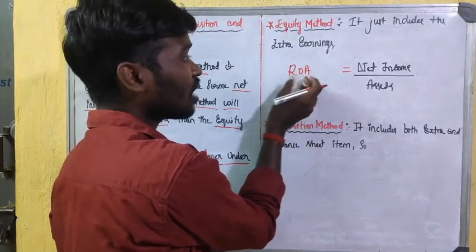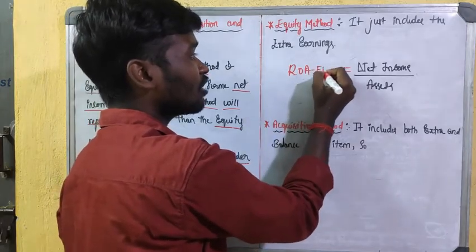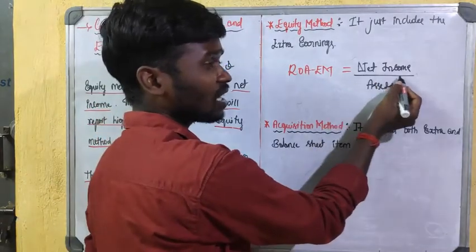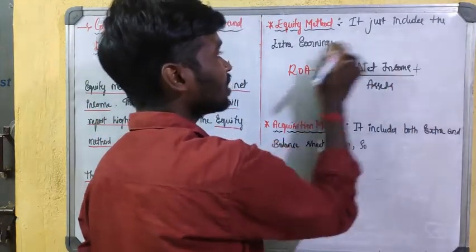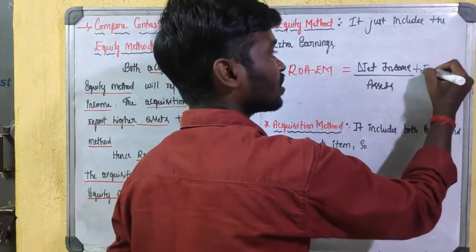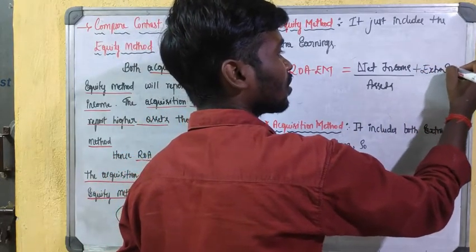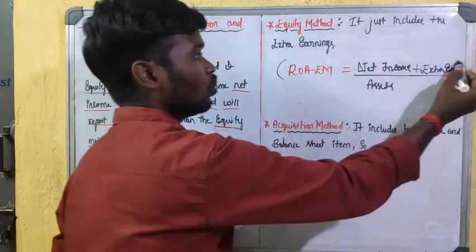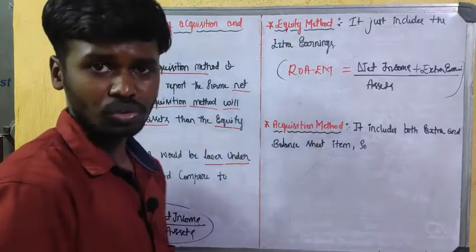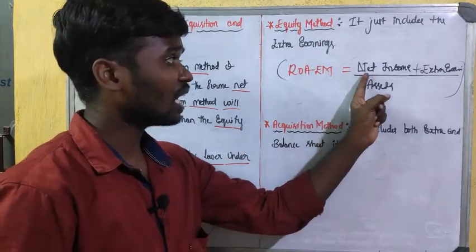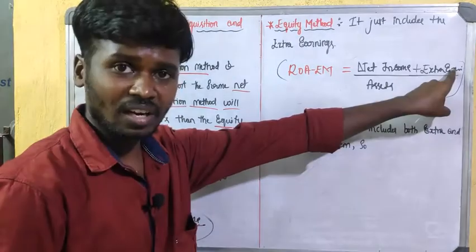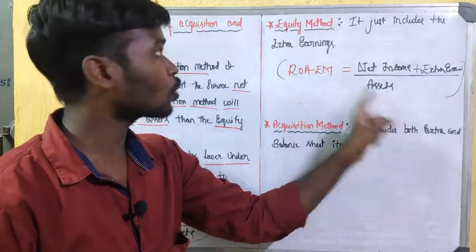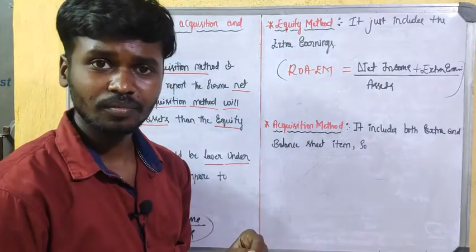See, calculation of return on asset under the equity method is based on the net income plus some extra earnings divided by asset. So now completely the equity method shows the relationship between the net income including extra earnings and also assets. So this is the actual formula to compute under the equity method.